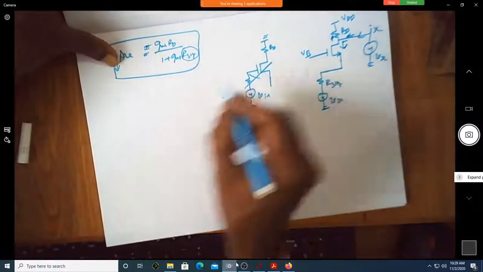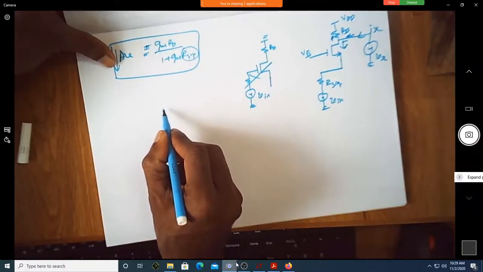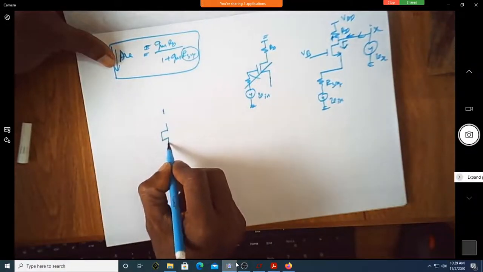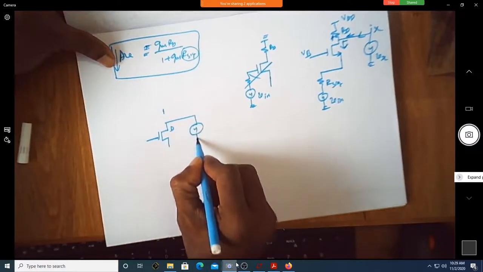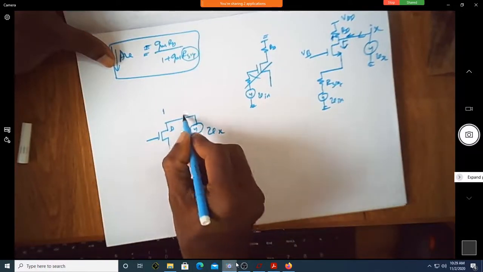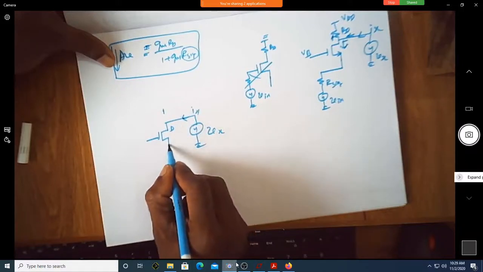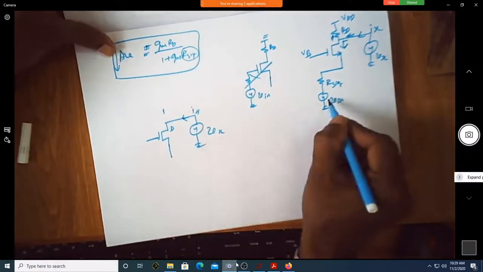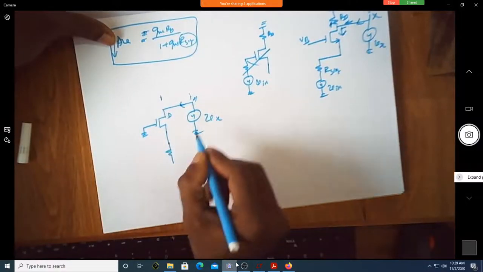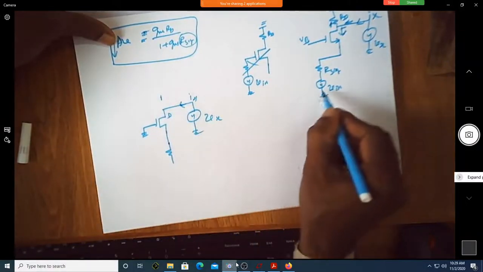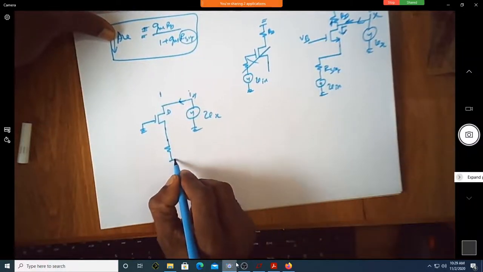This is my drain, this is Vx, this is Ix. I will make my Vin equal to 0. Why should Vin be 0? Because you are trying to find the output resistance, all input voltages should be grounded.